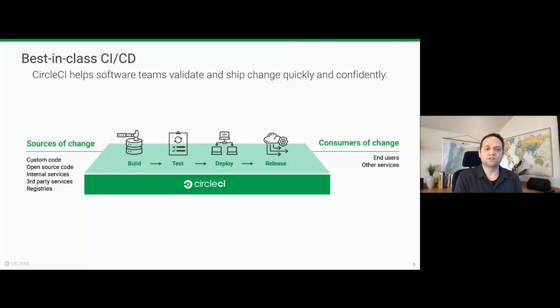On the left side, we have sources of change, such as your custom code, open source code, internal services, third-party services, registries, dependencies, etc. And then CircleCI looks at those sources of change, and when it finds changes in those systems, or if you were to invoke CircleCI to begin processing, we will then do builds, tests, deploys. We can package up your artifacts, and then finally we can push it towards the end there, which is the release process, which eventually leads to your consumers of change, which is your end users or perhaps your internal services that you use.